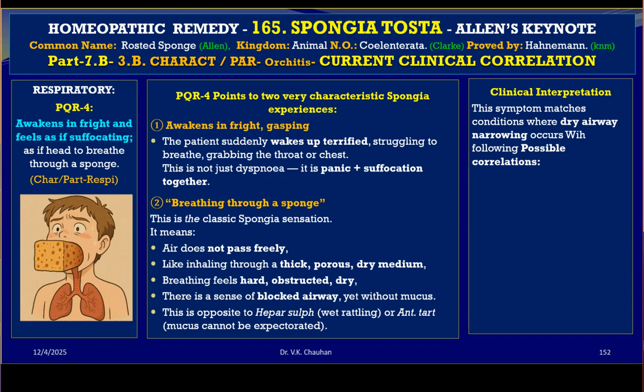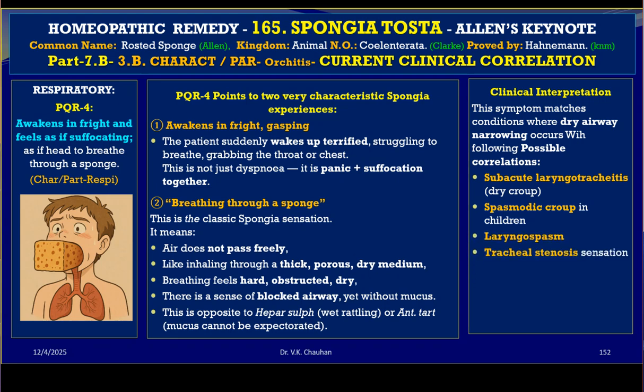It speaks like this: the symptom matches conditions where dry airway narrowing occurs. There is a kind of spasm in the respiratory tract, in the trachea, in the bronchi, in the bronchioles, and the most possible correlation can be subacute laryngotracheitis, where you will find dry croup and spasmodic croup in children.